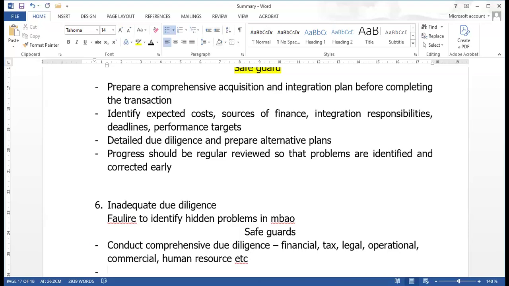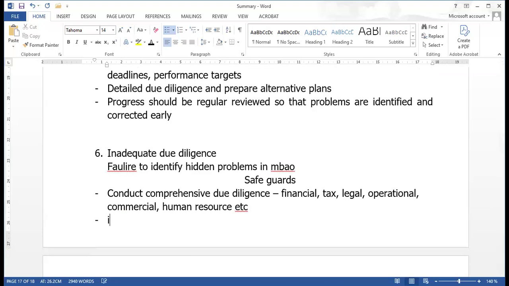You need to bring in independent experts who should verify the financial statements, who should verify the tax compliance of the other entity. Bring experts.